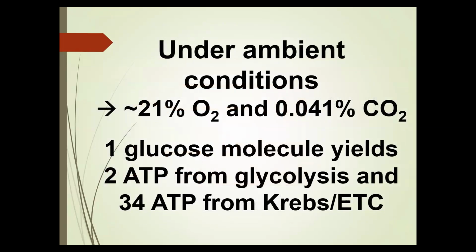Under ambient conditions, which are 20.9% oxygen and 0.41% CO2, one glucose molecule yields 2 ATP from glycolysis and 34 ATP from the Krebs cycle working with the electron transport chain.